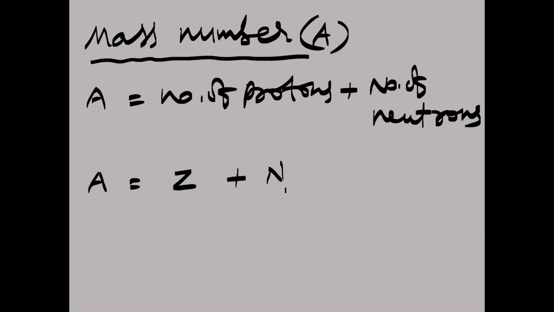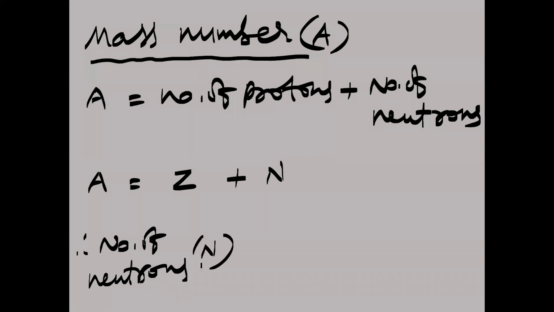So A is equal to atomic number plus number of neutrons, taking it as n. Therefore, the number of neutrons n is equal to A minus Z: mass number minus atomic number is equal to the number of neutrons.